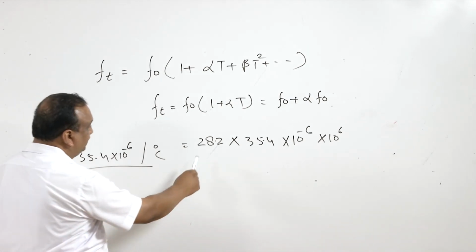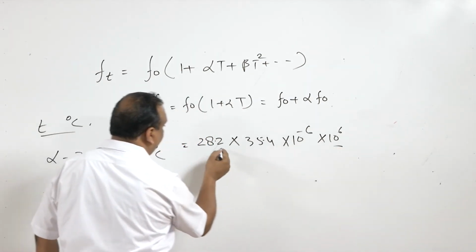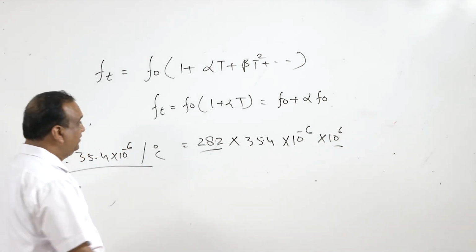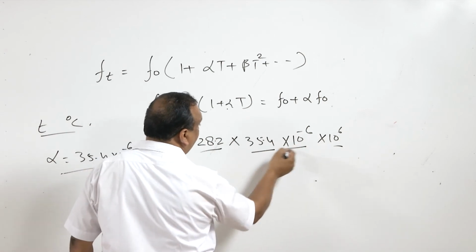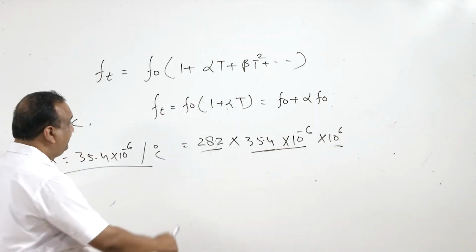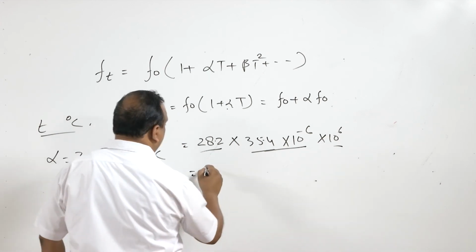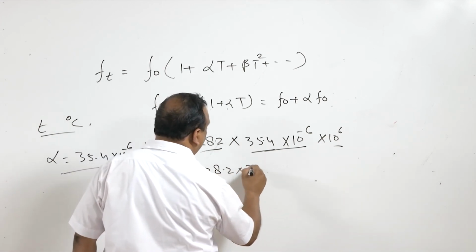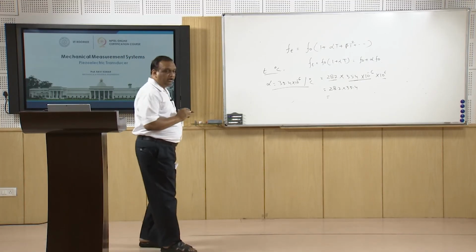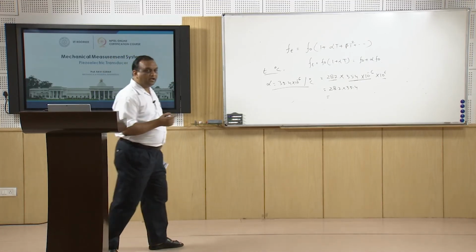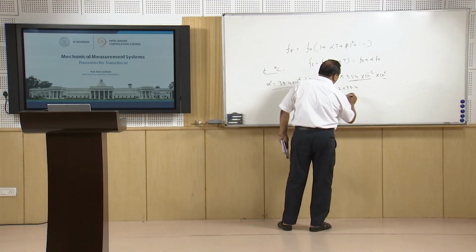So this is basic frequency 28.2 megahertz, converted into hertz, and 35.4 is the value of alpha into 10 to power minus 6. If we take multiplication of these two, 28.2 and 35.4, it is 998.28. Approximately it is 1000 hertz.